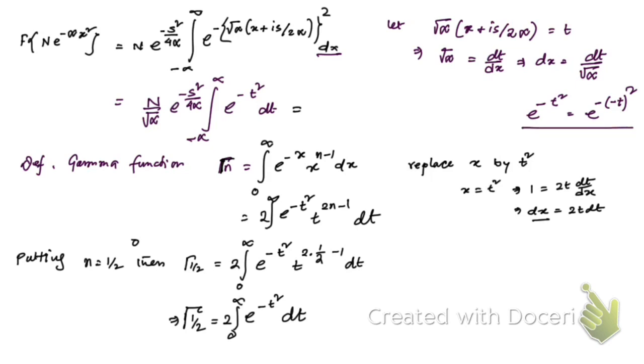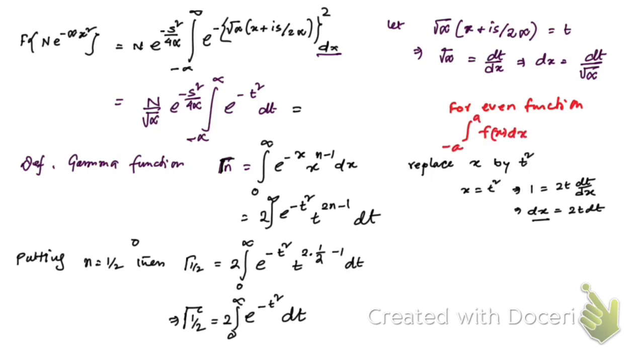Both are same. That means f of minus t is equal to f of t, so this is an even function, right? So for an even function we can write the integration from minus a to plus a of f of x dx is equal to 2 times the integration from 0 to a of f of x dx. We can apply that.